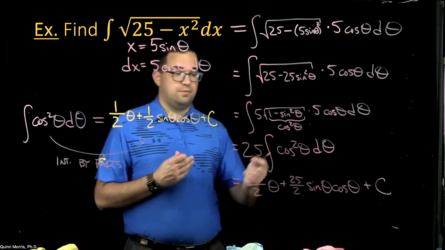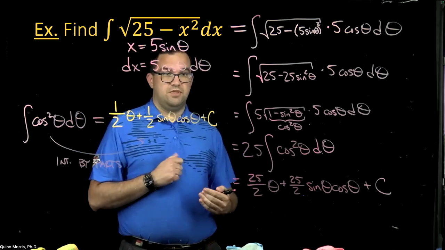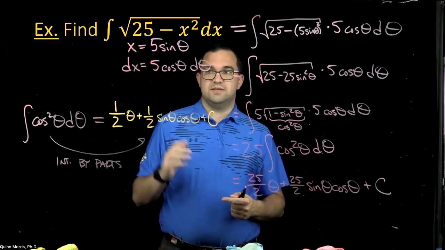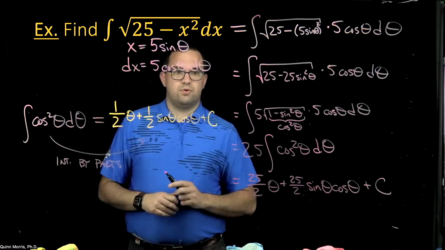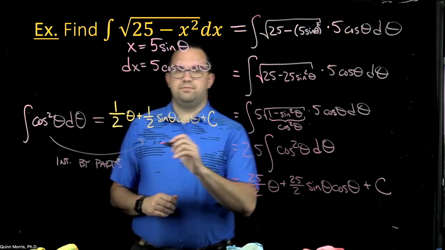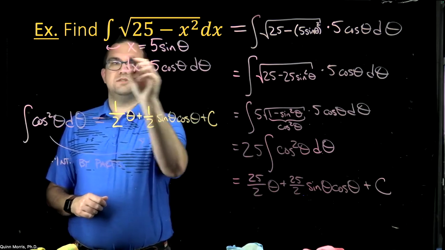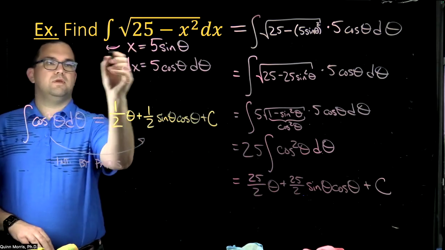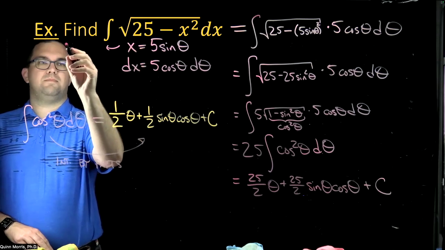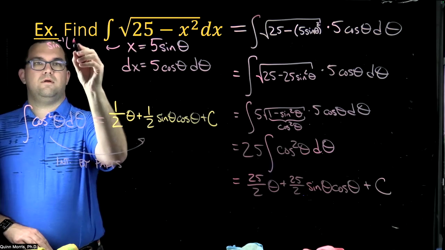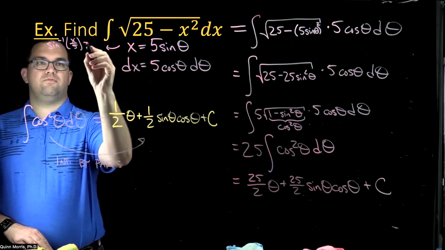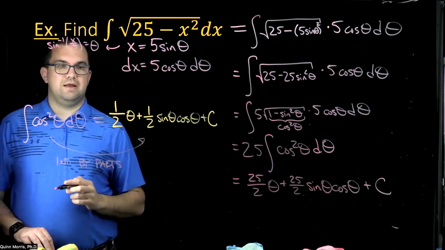But now again, I have to remember I made up the theta. The theta is something I introduced to simplify this problem. I now need to convert back to x. In the place where I simply have theta, I can solve directly for theta here. If I divide both sides by 5 and then take inverse sine, I'll get sine inverse of x over 5 is equal to theta.